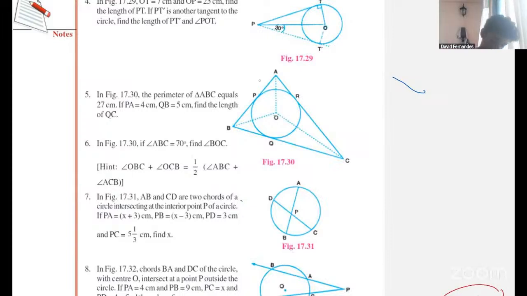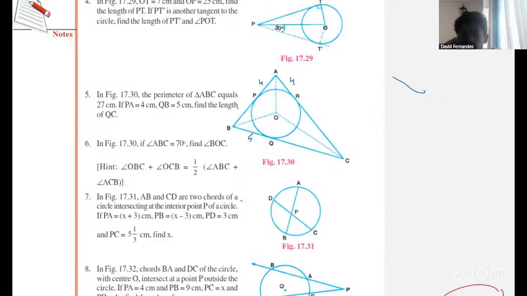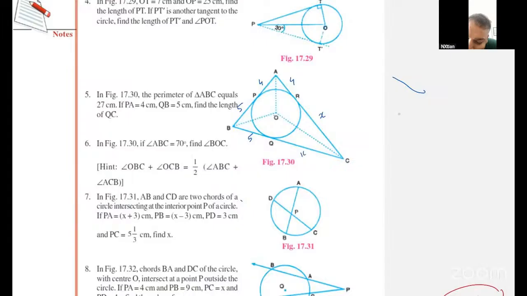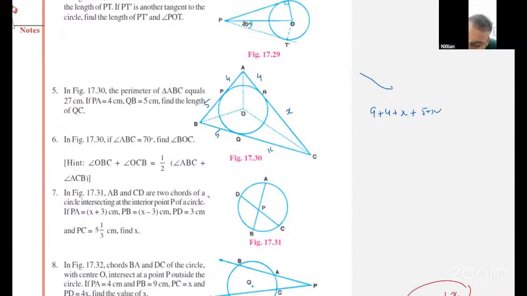4.5 centimeters. This is 4, and QB is 5, and you have to find the length of QC. So this is 4 and this is 4, this is 5 and this is X, and this is X. So 9 plus 4 plus X plus 5 plus X is equal to 27.